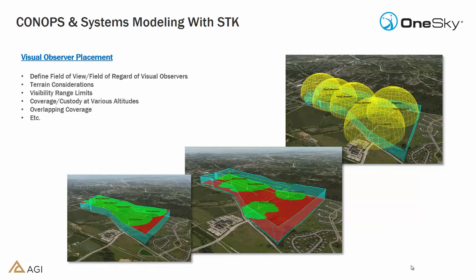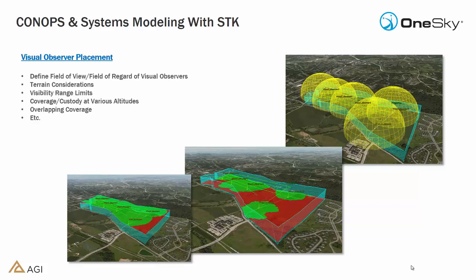And supporting beyond visual line of sight, obviously you have the option for placement of visual observers, and using an STK approach, placing visual observers and really understanding what their field of view or field of regard is, understanding terrain considerations and modeling things like the visibility range limits you can expect from a visual observer.